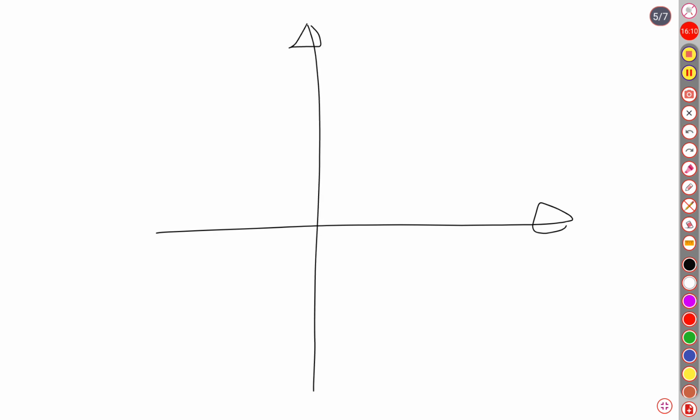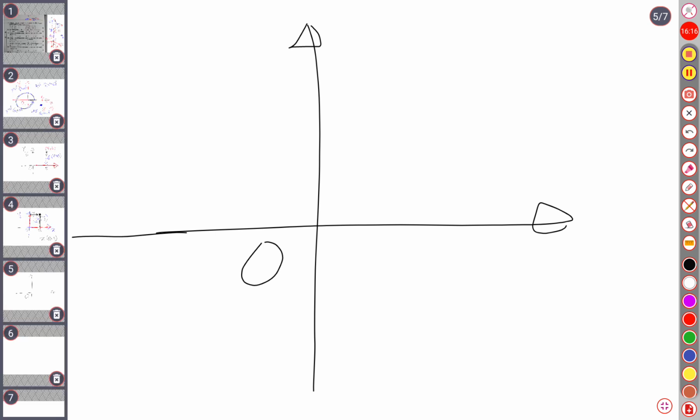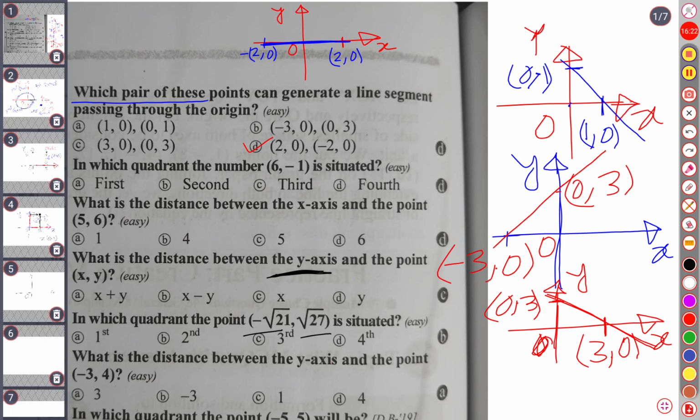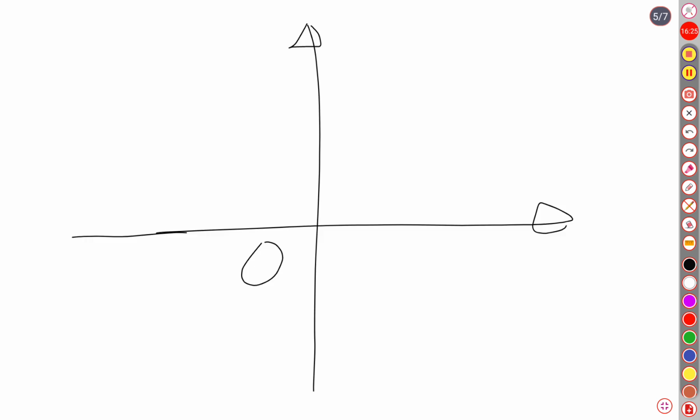Okay, so it is the origin, and they have told negative square root over 21 and square root over 27. So the point may be, suppose here there is negative square root over 21, and for the y direction it may be square root over 27. It is an assumption actually. So now what will be our point?